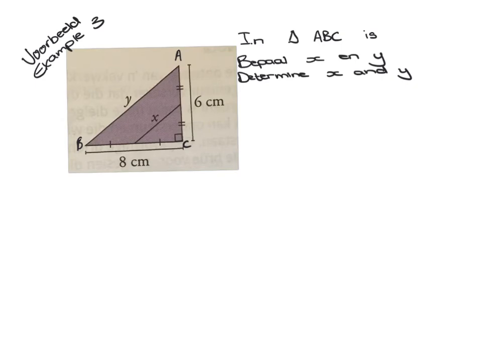All the info on this triangle is drawn for you in the sketch. They say to you AC is 6, but these two sides are equal. BC is also 8 centimeters, and these two are equal. They tell you this is a 90-degree angle. You've now got to use this to find the lengths.